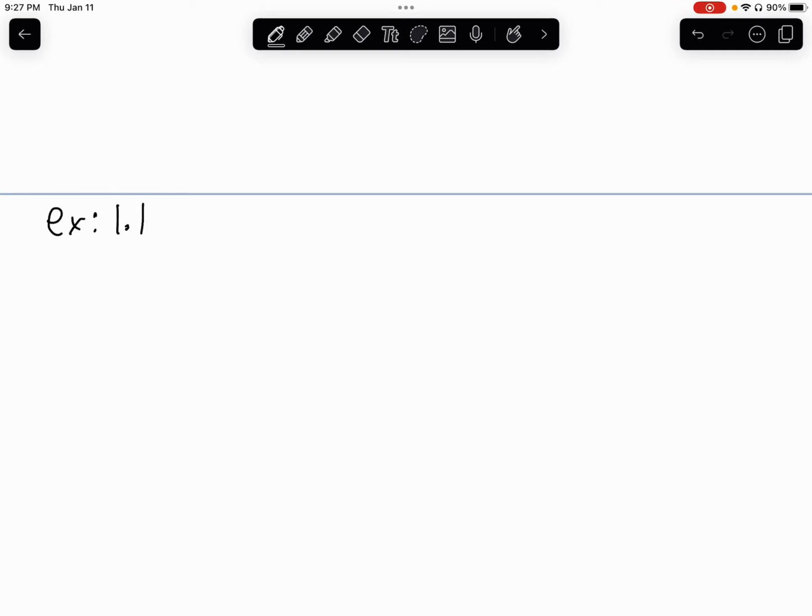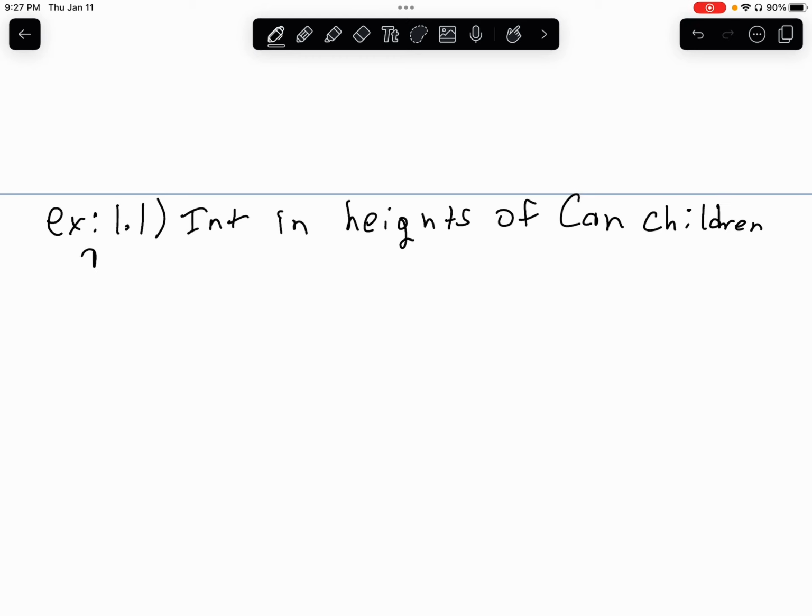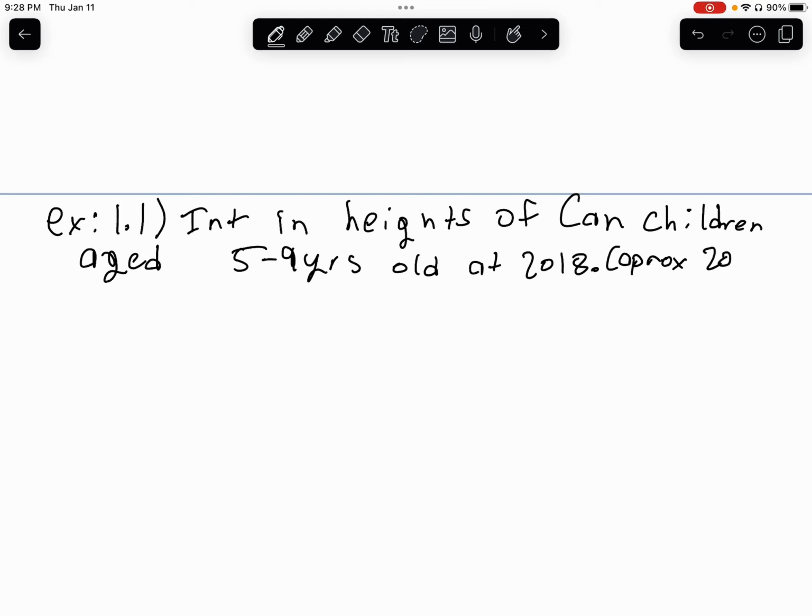In this example, we're interested in the heights of Canadians, so I'm just going to put Canadian children aged 5 to 9 years old in 2018. Let's just put a random year. And this is going to be approximately, let's say, 2,000 kids.